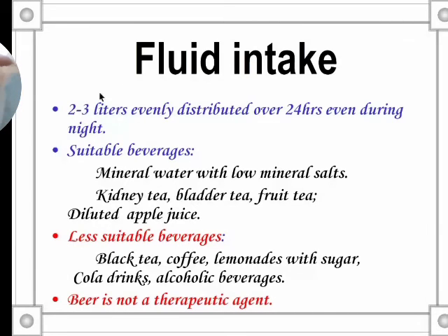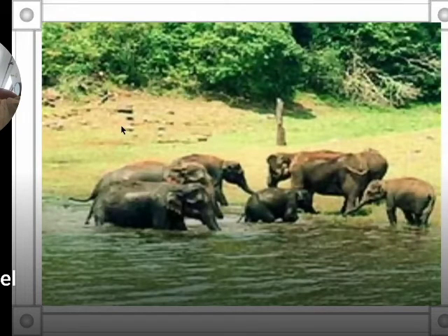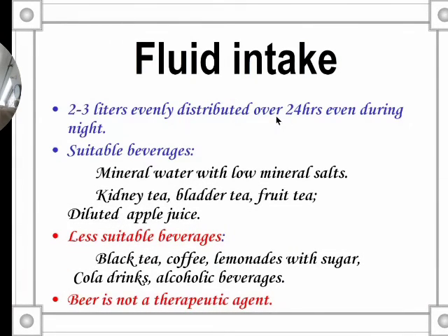Fluid intake should be sufficient to have good urinary output, and this should be spaced over 24 hours. Some people just take water in the morning hours, and the rest of the time their kidneys are dehydrated, so they will form stones. So you take at least 2 to 3 liters of fluid evenly distributed during 24 hours.